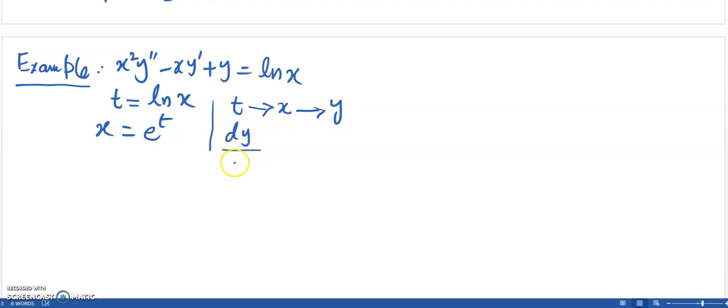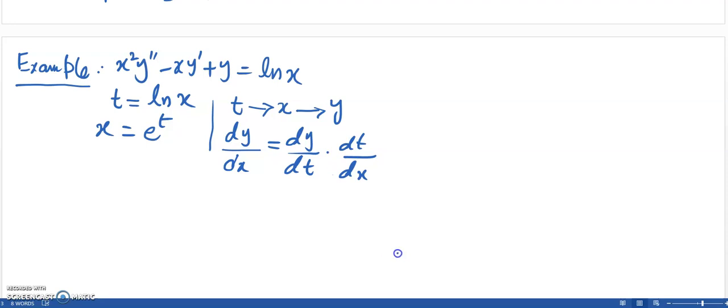So if we differentiate y with respect to x, then this will mean that dy over dx is equal to dy over dt times dt over dx.